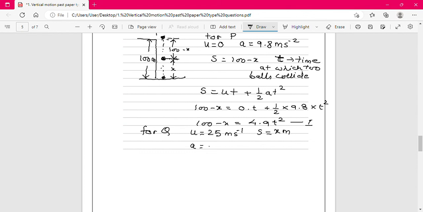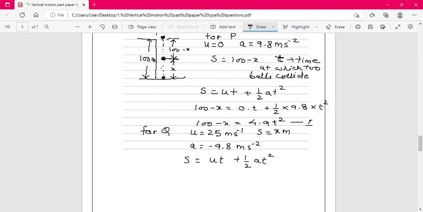So a will be negative 9.8 meters per second square. And this ball will also travel for time t up till the collision. So again use s is equal to ut plus half at square.